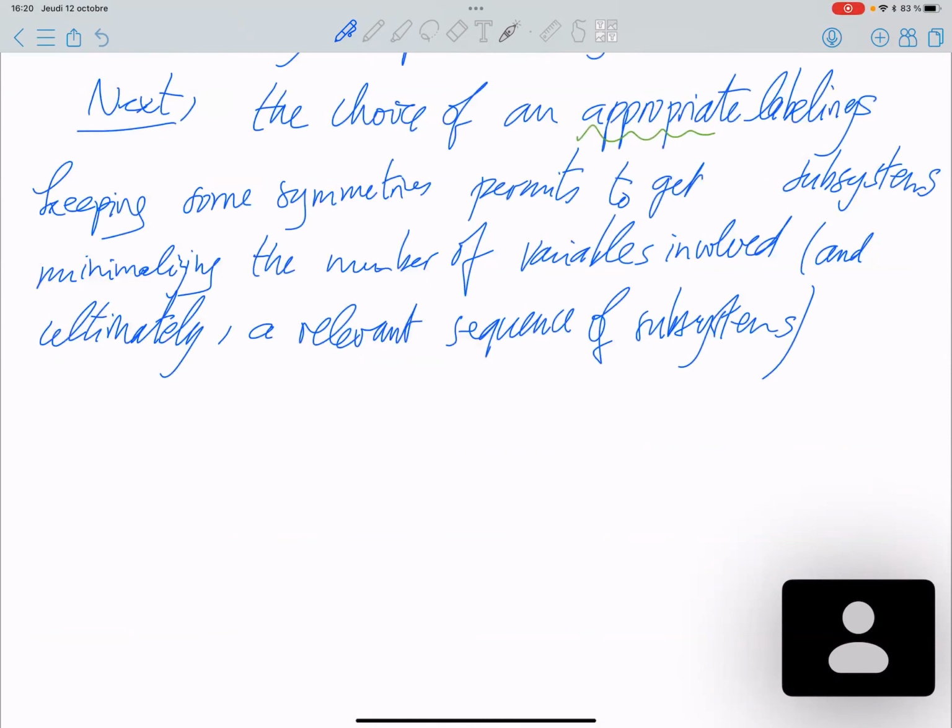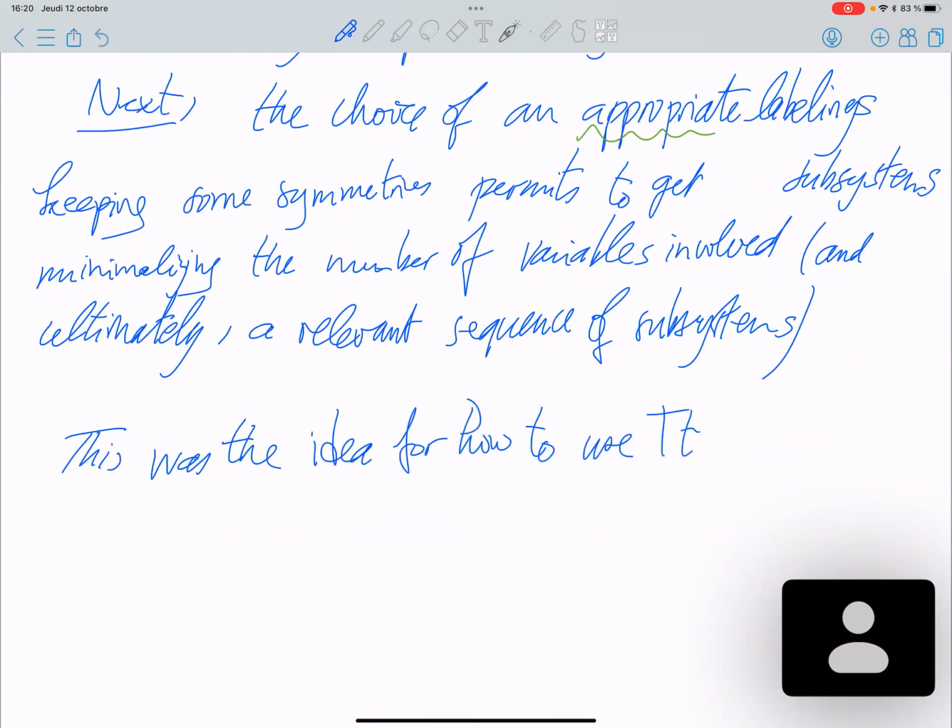So I will just provide the idea. So this was the idea for how to use the triangular prism equation for our localization strategy.